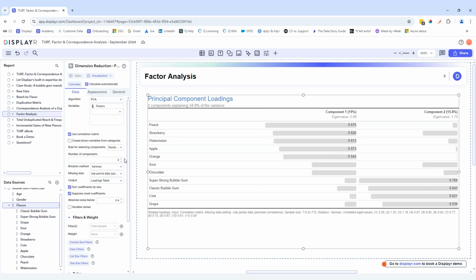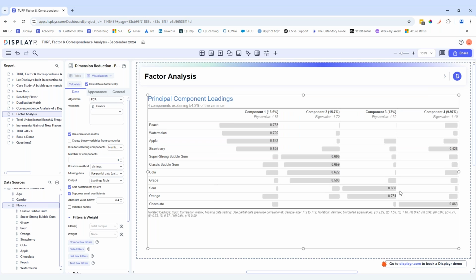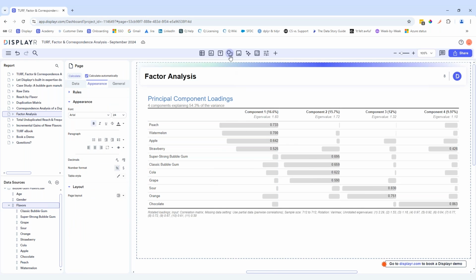Let's take a look at a 4-component solution. The 4-component solution is very similar to the 3-component solution. We have a sweet fruit component, a traditional component, a citrus component, and a chocolate only component. I'm going to go ahead and add a quick comment.